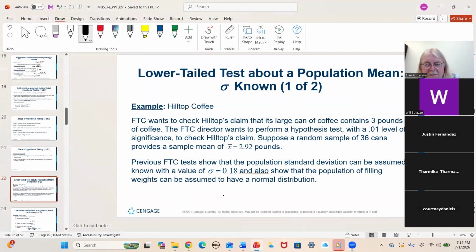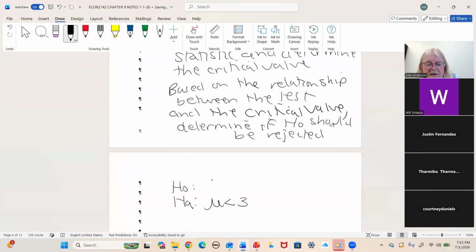Less than 3 is the problem area. And up here, the rest is collectively referred to as a right tail. I mean, this is a left tail test.